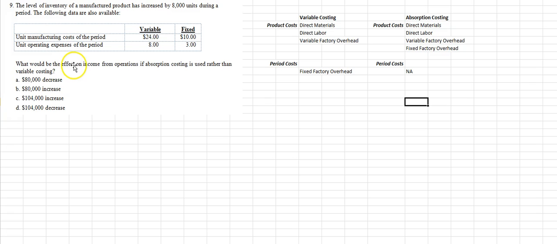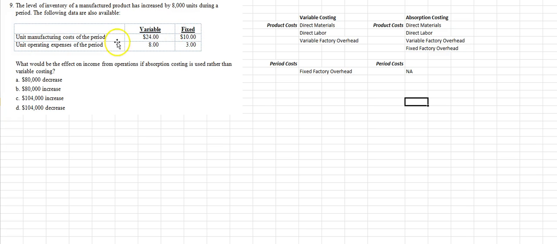It says, what would the effect on income from operations be if absorption costing is used rather than variable costing? So the difference here is only going to be caused by fixed factory overhead, units of manufacturing cost of the period that are fixed. Okay?